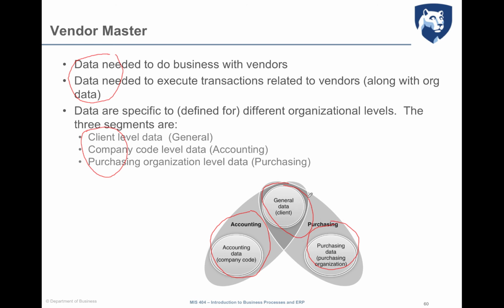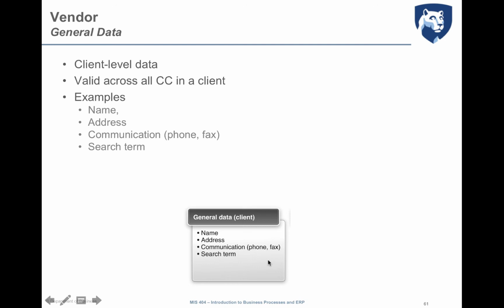They just share the general data, but they are quite independent. Let's focus on what we intend as general data. General data include, as you can see here, the vendor names, the vendor address, the way of communication, like phone, fax number, and so on.